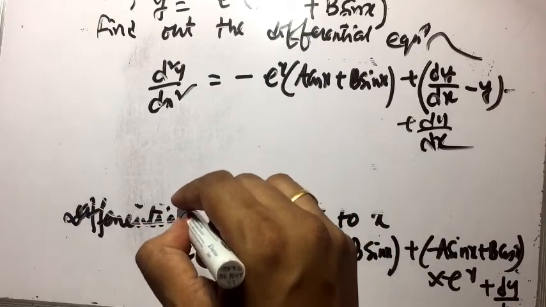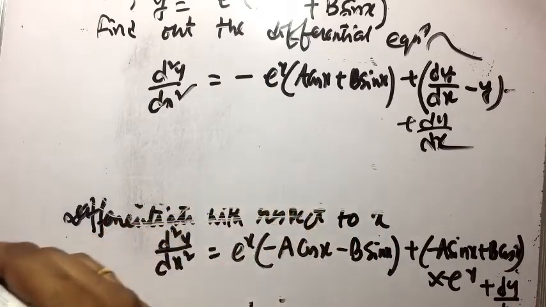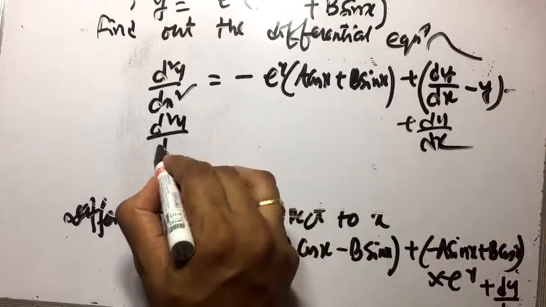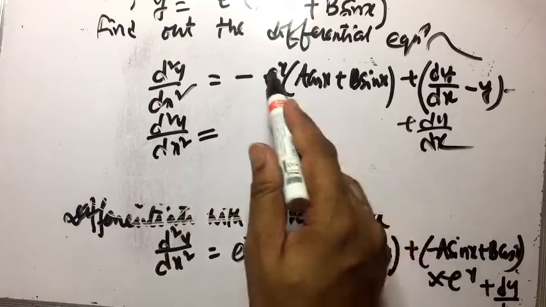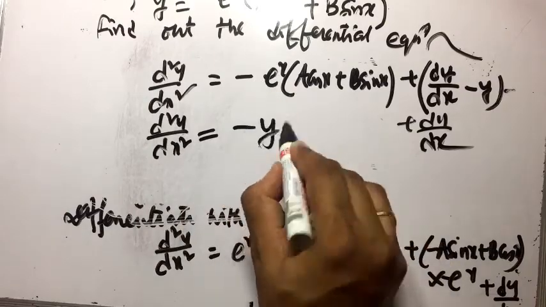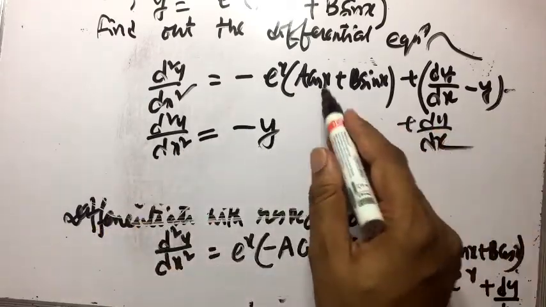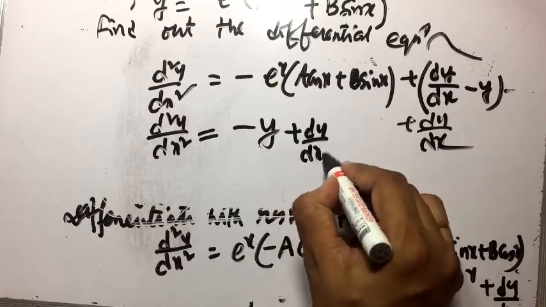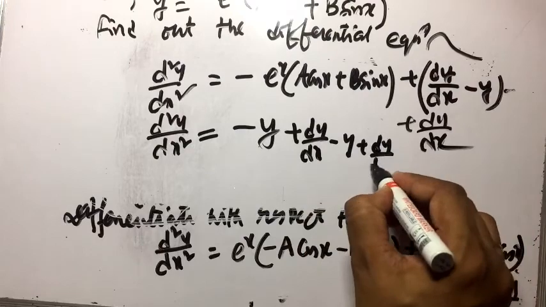Now eliminate all the values here. D square y by dx square is equal to this one is minus y, this one is minus y, because all thing is y, and this is dy by dx minus y plus dy by dx.